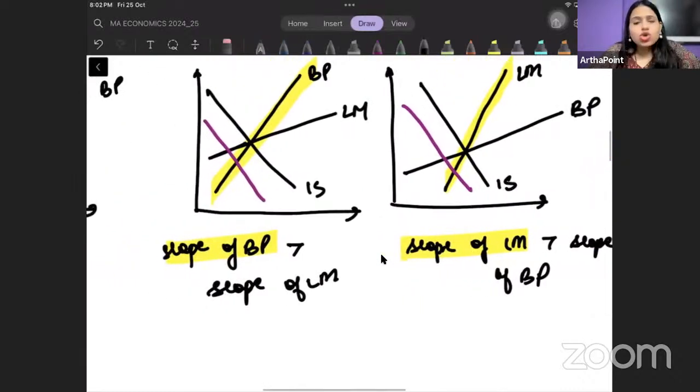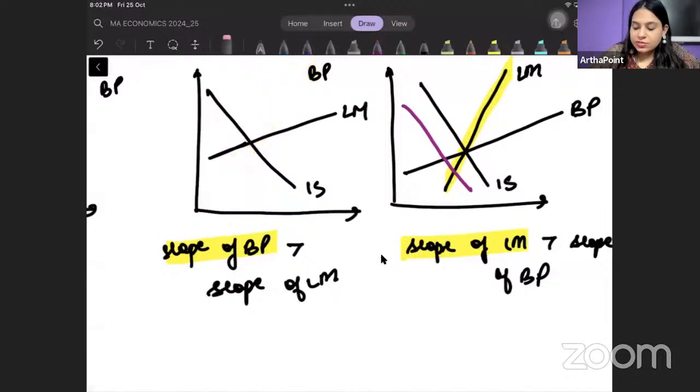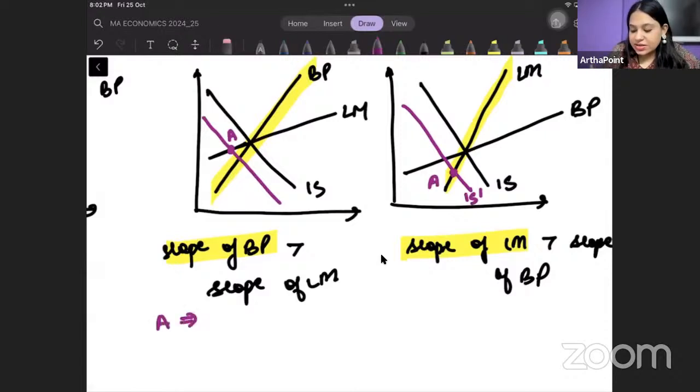Okay, stop here. Now what has happened? Here you are reaching point A, when my IS curve is shifting backward, so IS and LM meet here, point A. Point A is above the BP curve, which means surplus.